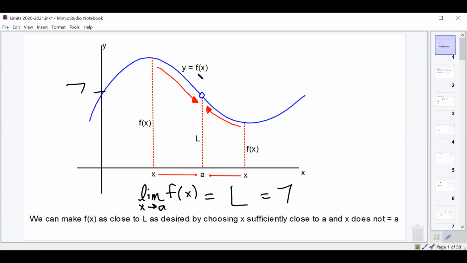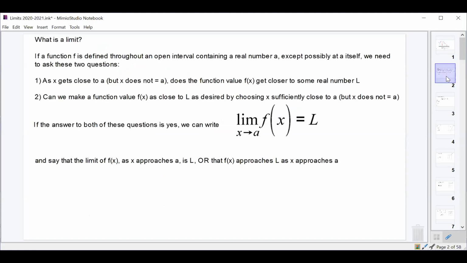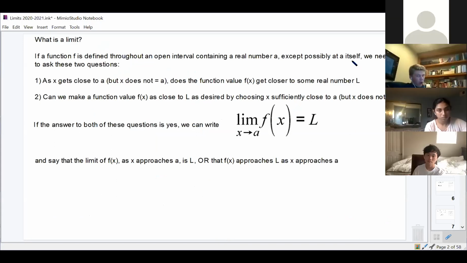Yeah, I could get as close as I possibly wanted to 7 by picking numbers that are very, very close to a. And if I can do that, then that means that the limit exists. And whatever that value that you're getting very, very close to is the limit. Does that sort of vaguely make some sense? Yeah, cool. So we're going to take a look at this with some very simple functions and some very easy continuous functions to start with.